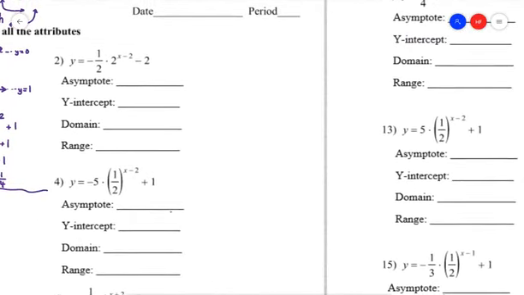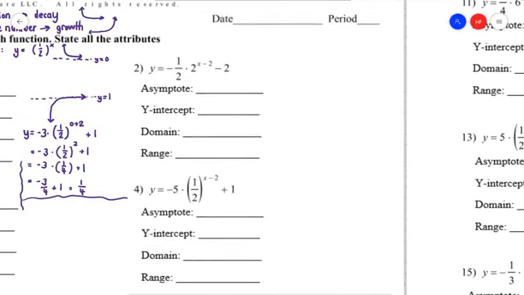Now in number 2, we're going to do the same thing. So we're going to go step by step. The parent function on number 2 is y equals 2 to the x, which is an exponential growth. So my parent function looks something like that, with y equals 0 as my asymptote.